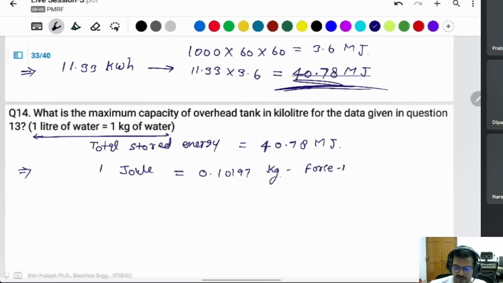The total force is also a term of energy.